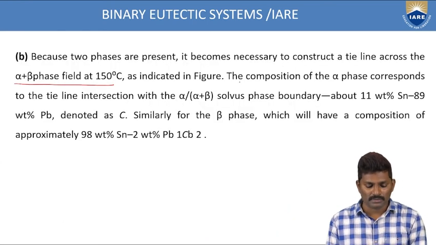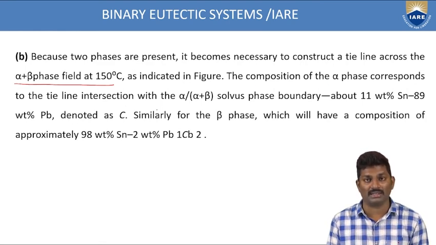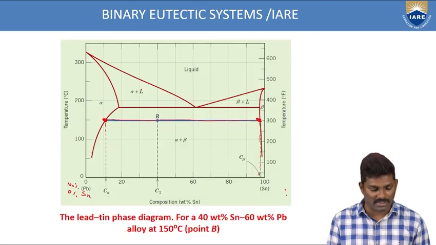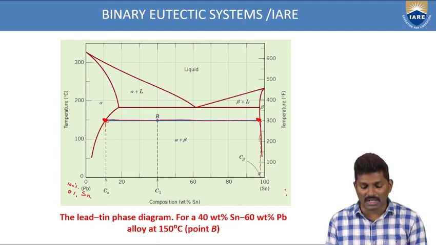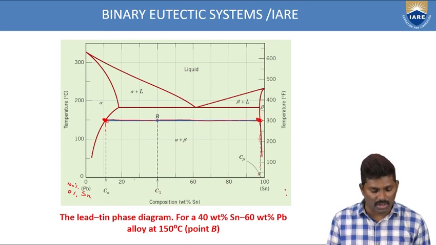The composition of the alpha phase corresponds to the tie line intersection between alpha and alpha plus beta at this point. Similarly, the other intersection is between beta and alpha plus beta at this point. You have to note both compositions at these points. So you get about 11% tin with 89% lead, denoted at the C point.